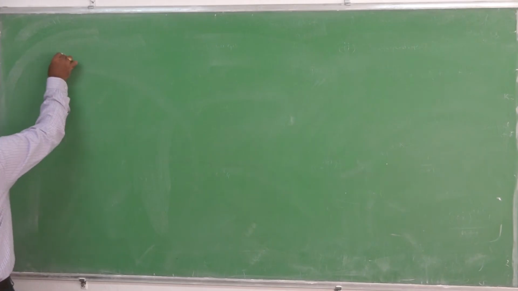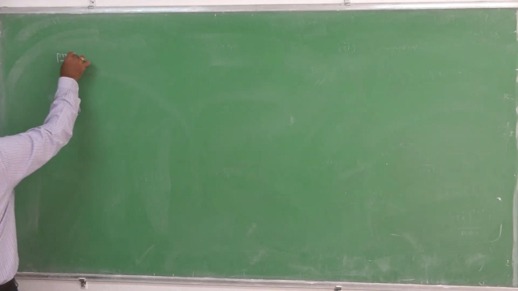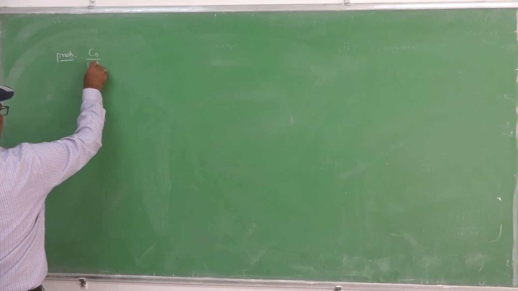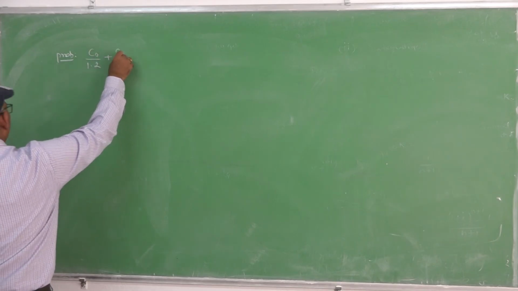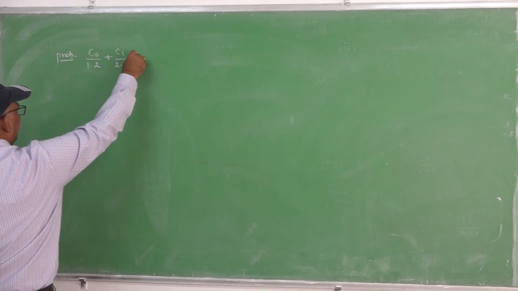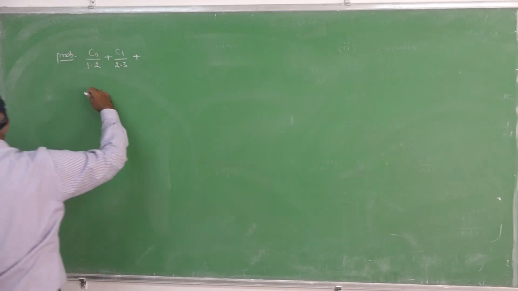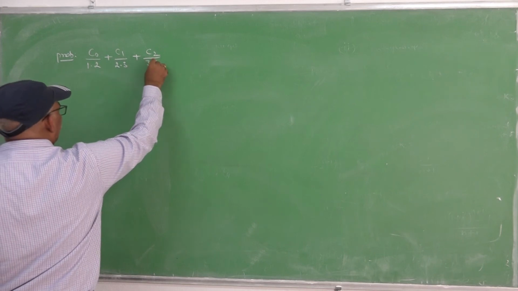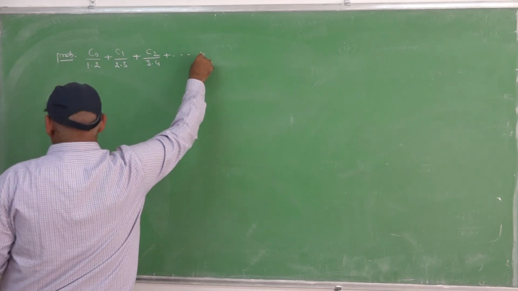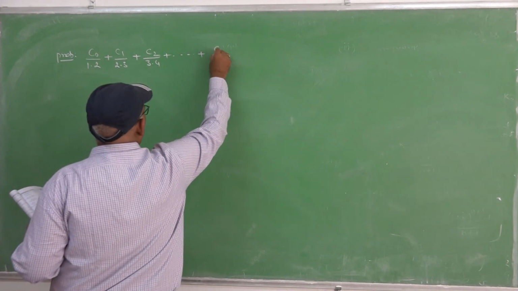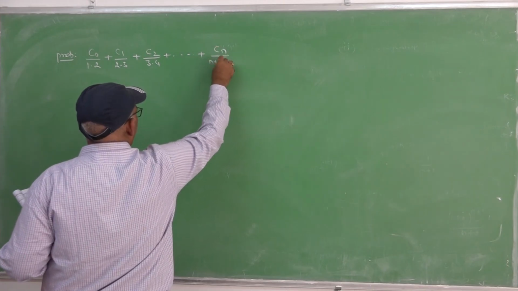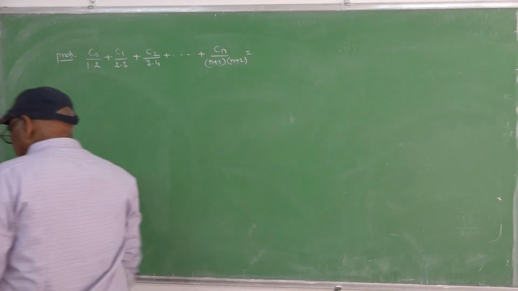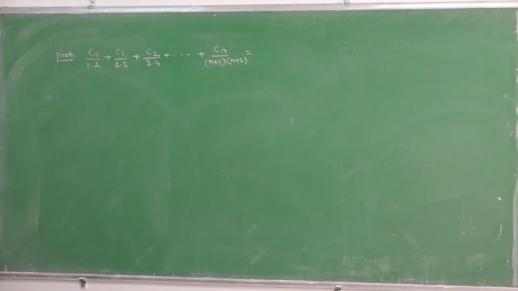This is one important one: C0 by 1 into 2 plus C1 by 2 into 3, C2 by 3 into 4, like that, Cn by n plus 1 into n plus 2. This is our required result.